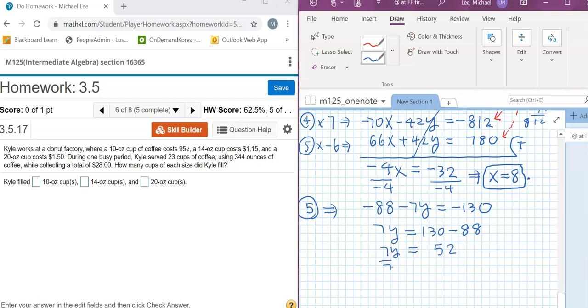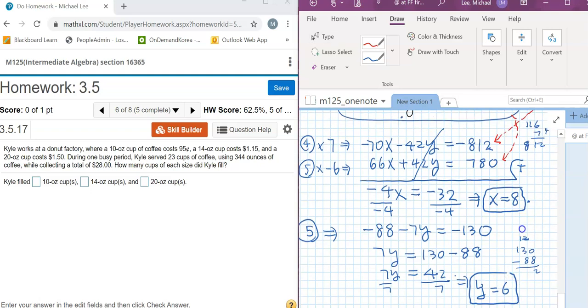Divided by... 130 minus 88 is 42. Sorry about that, 42. So now divide by 7. That gives me y equals 6. So 6 cups of the medium size.